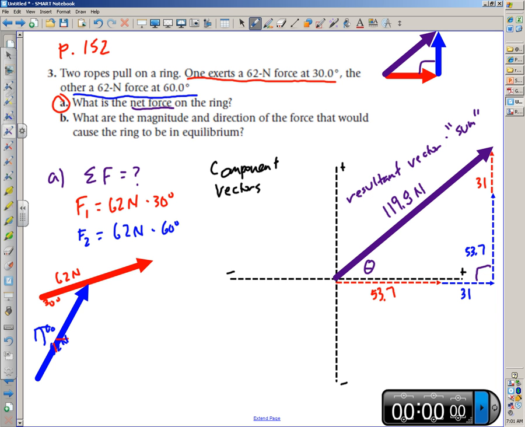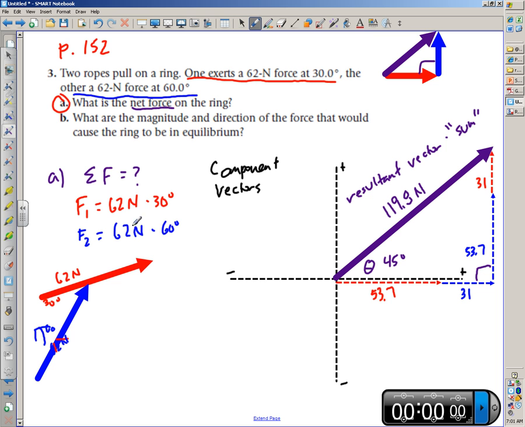Now, because of the angles and the chosen values of the vectors, this one's pretty easy, right? You have a right triangle that has two sides that are exactly the same. If you remember geometry class, that means that you have a 45-degree angle here.